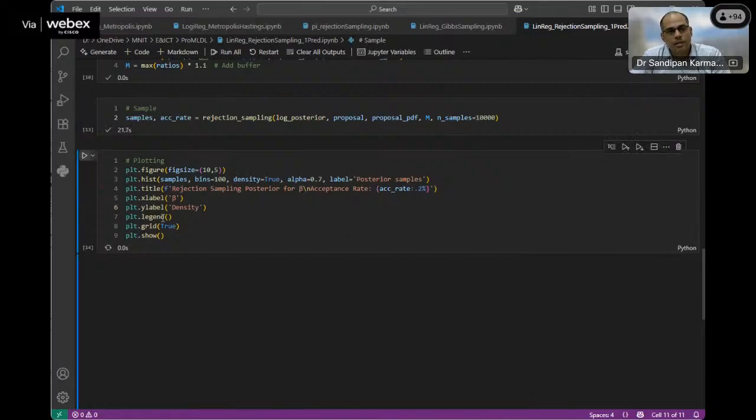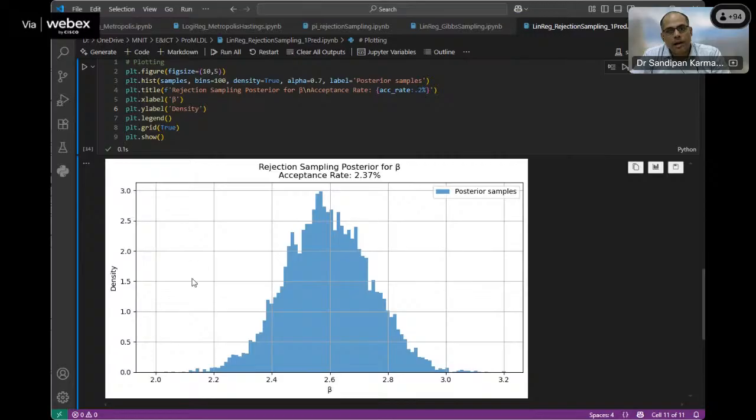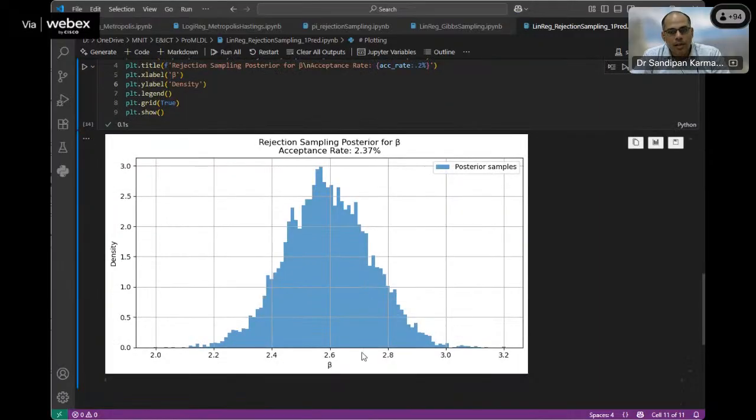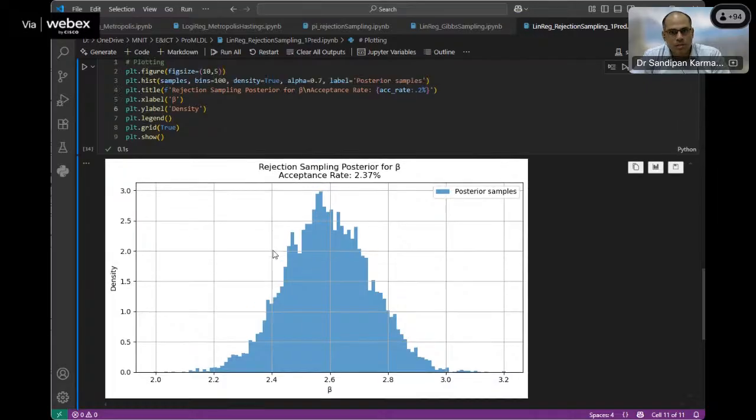Okay, generated. Now you see that the acceptance rate has increased a little bit. Earlier it was 2 point something. I think it has increased. So now we'll see that the mode is a little bit nearer. Earlier it was 2.4.